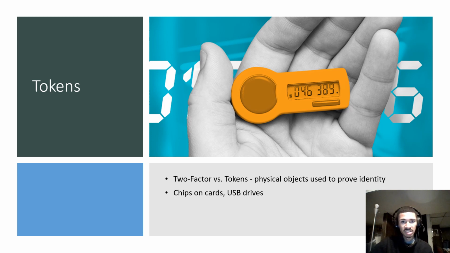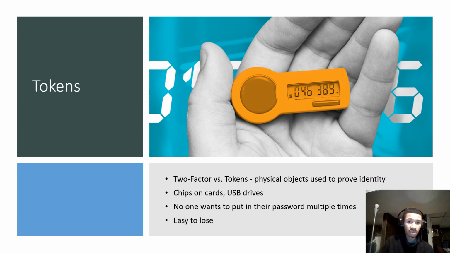These are tokens that can be used to gain access to buildings or to sign in automatically. So the flaw with tokens, however, is that they're easy to lose. You can lose them very, very easily. They can be misplaced, and if something is misplaced, then that means someone basically has access to your information. So you want to make sure that that information is safe.